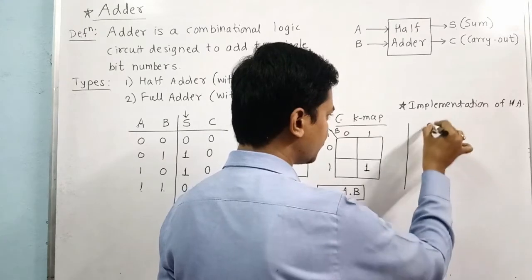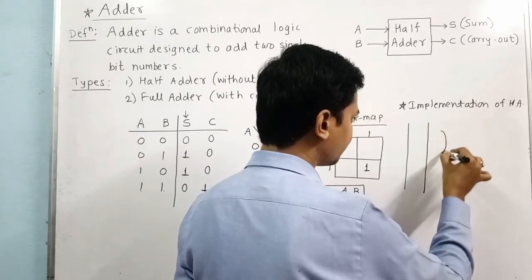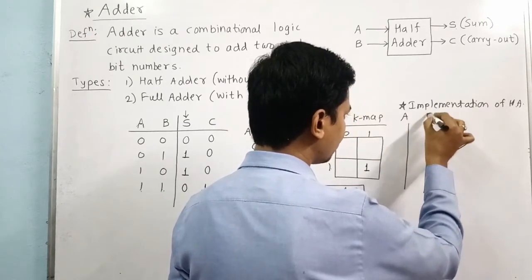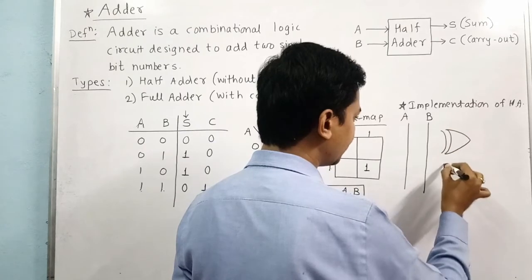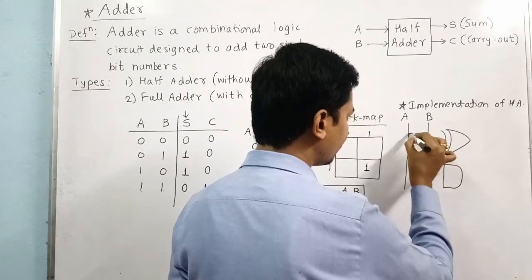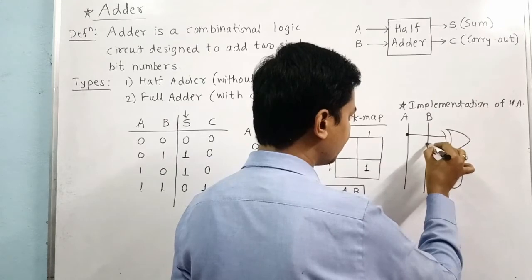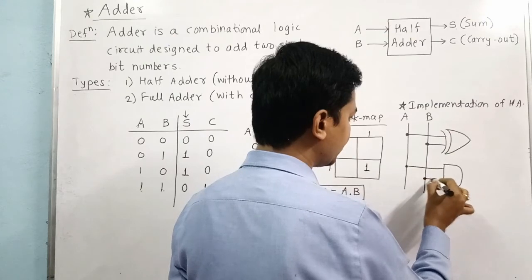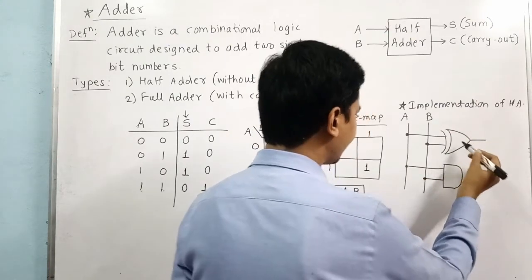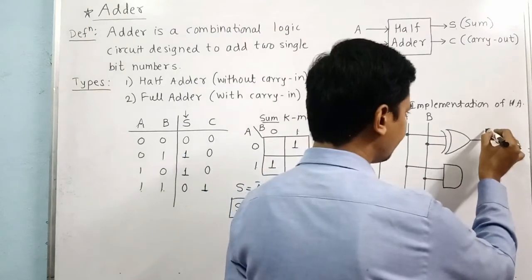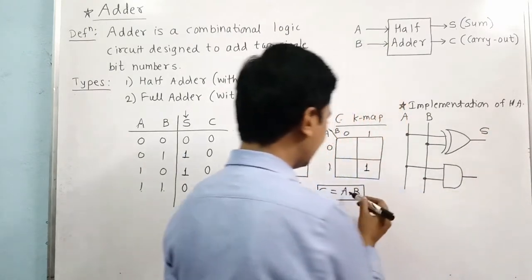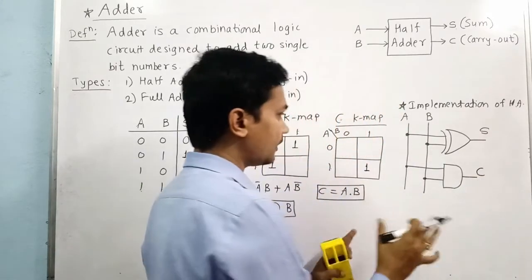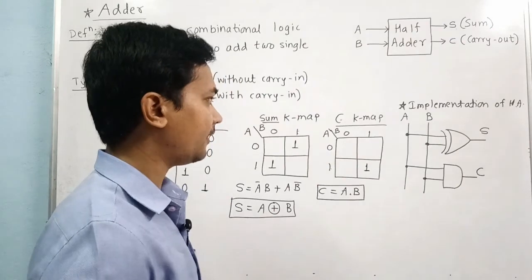We have to use one XOR gate and one AND gate. Take lines from A and B and give them to the XOR gate inputs. Similarly take lines from A and B and give them to the AND gate. At the output of the XOR gate we will get the sum, and at the output of the AND gate we will get C, that is the carry out. Okay, so this is how we can implement the half adder logic circuit.